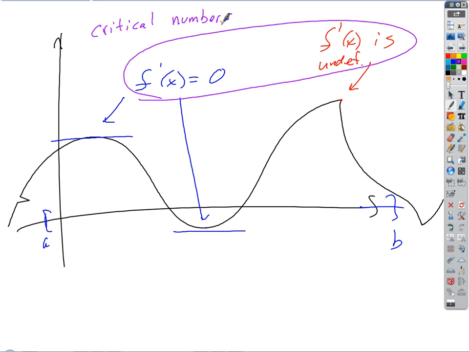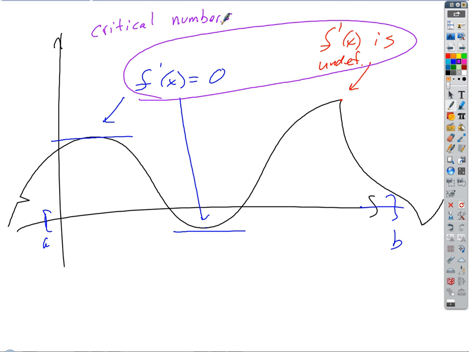Those are the values of x where the derivative is either equal to 0, where we get horizontal tangents, or undefined, where we get sharp peaks. But I thought you said we can't do the undefined one. Well, we can figure out where the derivative is undefined, can't we? The derivative doesn't exist there, but we can still figure out the x values where that occurs.